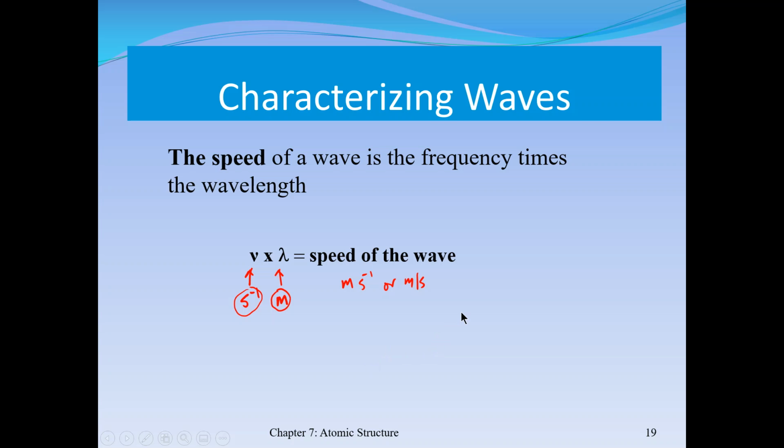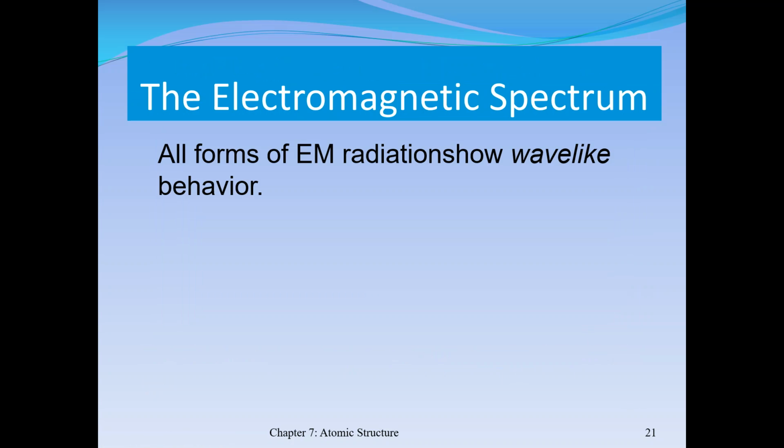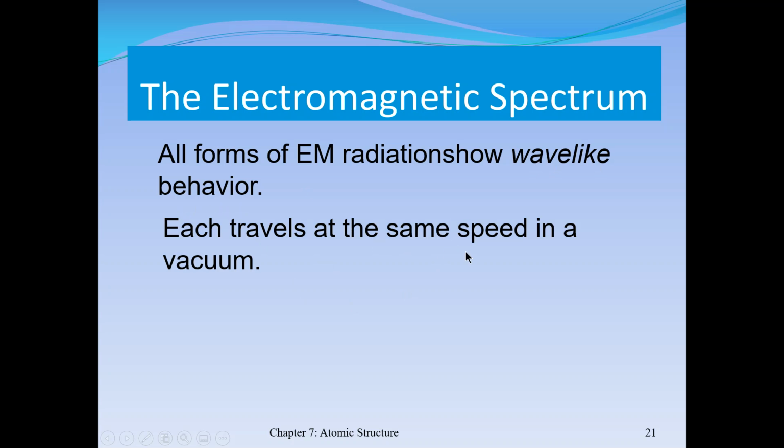So specifically as it relates to electromagnetic radiation of different types, let me skip this slide and go to another slide right here. All forms of electromagnetic radiation show wave-like behavior. And it turns out that they all travel at the same speed in a vacuum. And that speed is given by this value here.